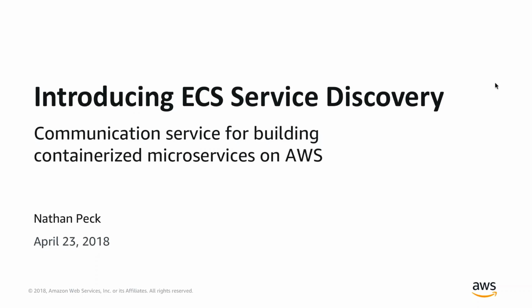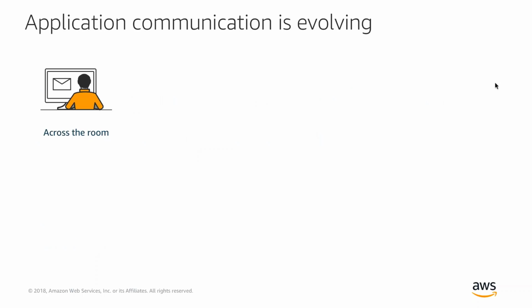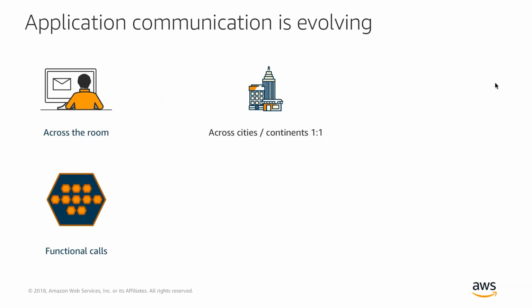So first of all, let's set the stage for what Service Discovery is and why it's needed. First of all, there's a lot of different applications. They're communicating in different ways. Whether it's an IoT device across the room making functional calls, to a modern application that is geographically distributed, making requests across cities or even continents.